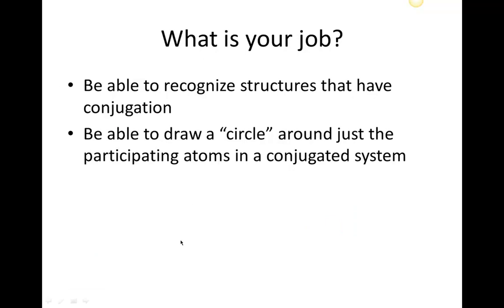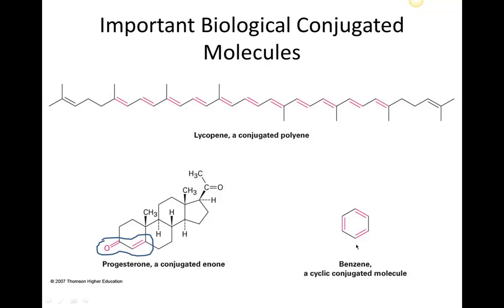And then if you look at benzene, benzene is a conjugated molecule and it's cyclic, and it's actually special. Aromatic is what we call that, and we're going to look at those in a separate chapter. It's kind of like conjugated on steroids.